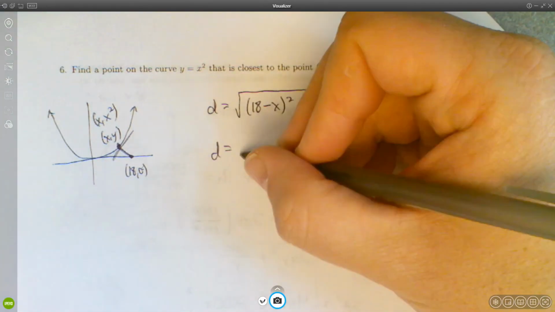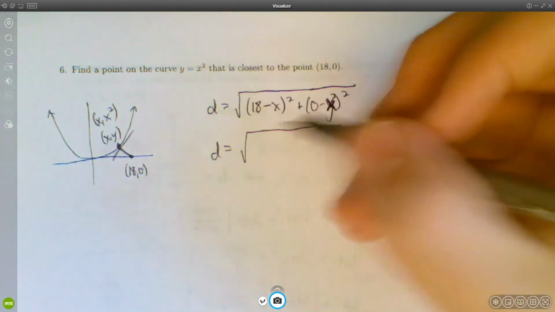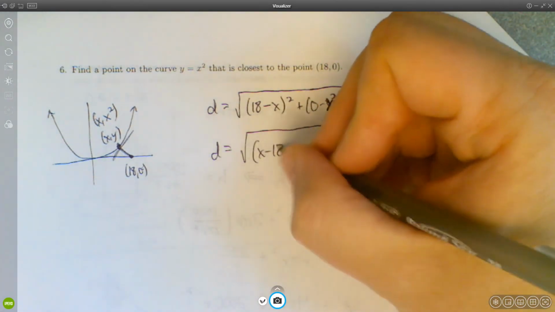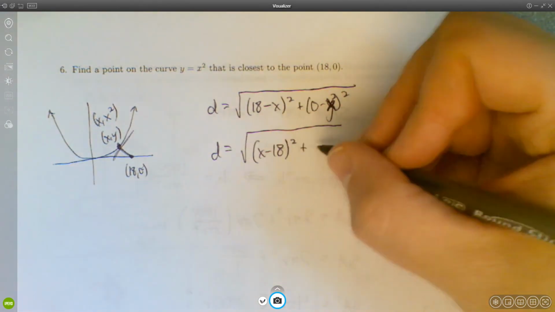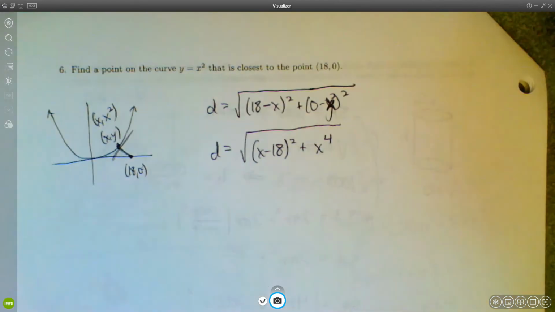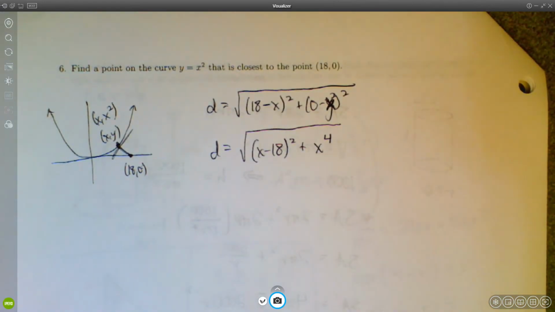Okay, so I'm just going to rearrange this. That's the square root of x minus 18 squared plus x to the 4th power.